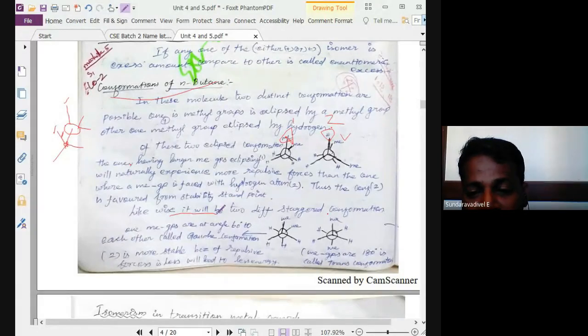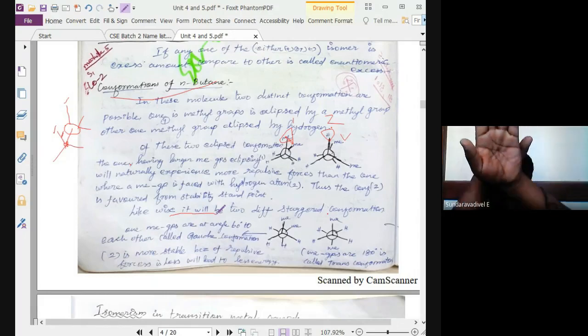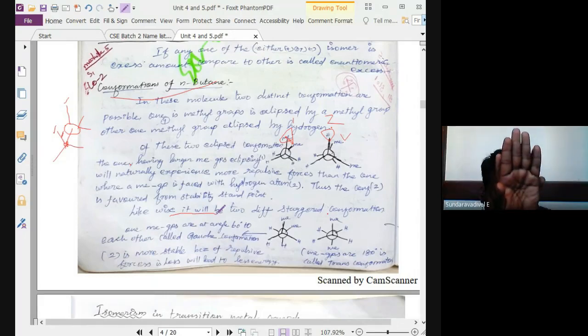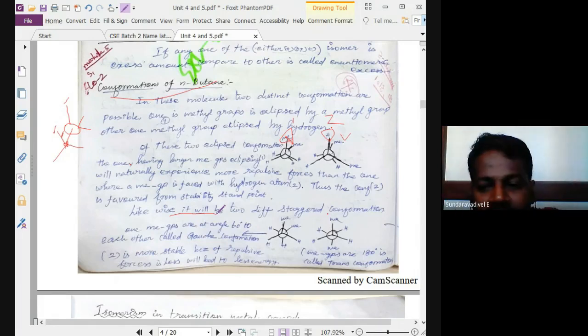Staggered conformation means you have to look at the backside atoms also. For example, this is an eclipsed conformation, but this one is a staggered conformation. See, you are looking at the front carbon and also the back carbon. That is a staggered conformation.